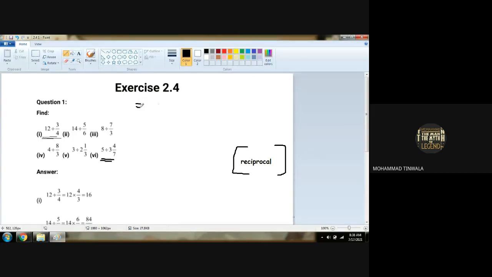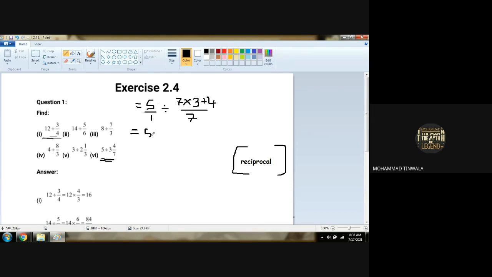5 will be as it is and I can take 1 in the denominator, and this mixed fraction will be converted to a simple fraction. So 7 will be multiplied by 3 and then added to 4.